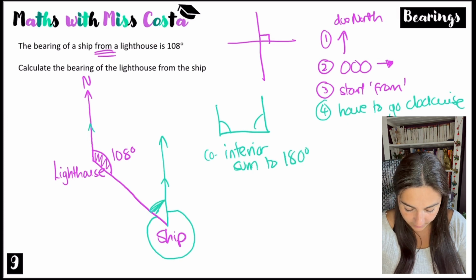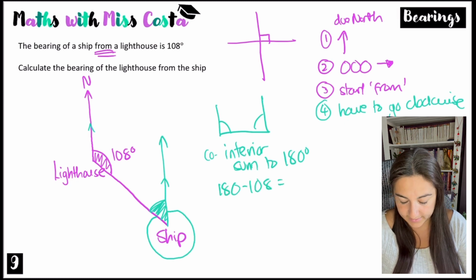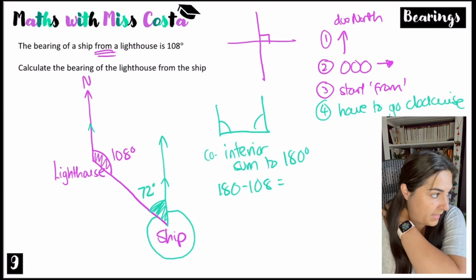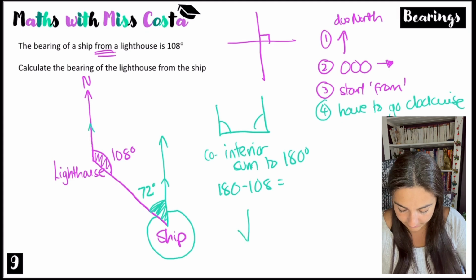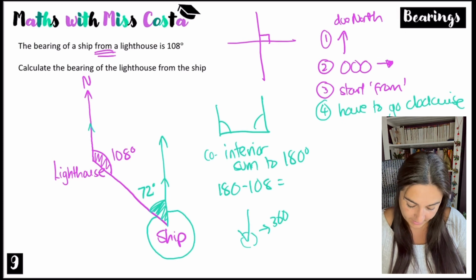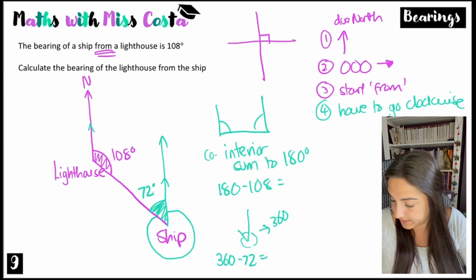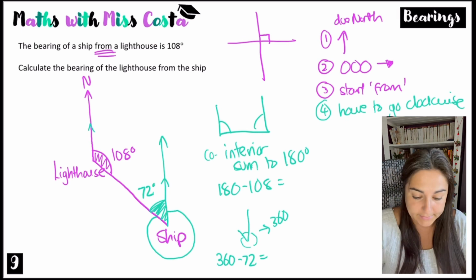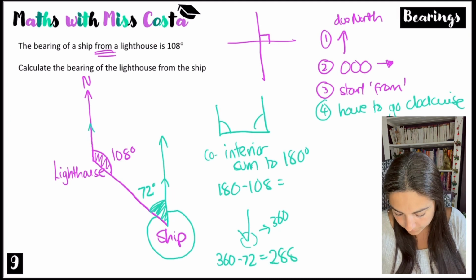So I use that angle fact to figure out what this is. 180, take 108 is 72 degrees. So that angle there is 72. What about angles at a point? You know that angles at a point sum to make 360. So to work out the bearing, I do 360, take 72, which is 288.